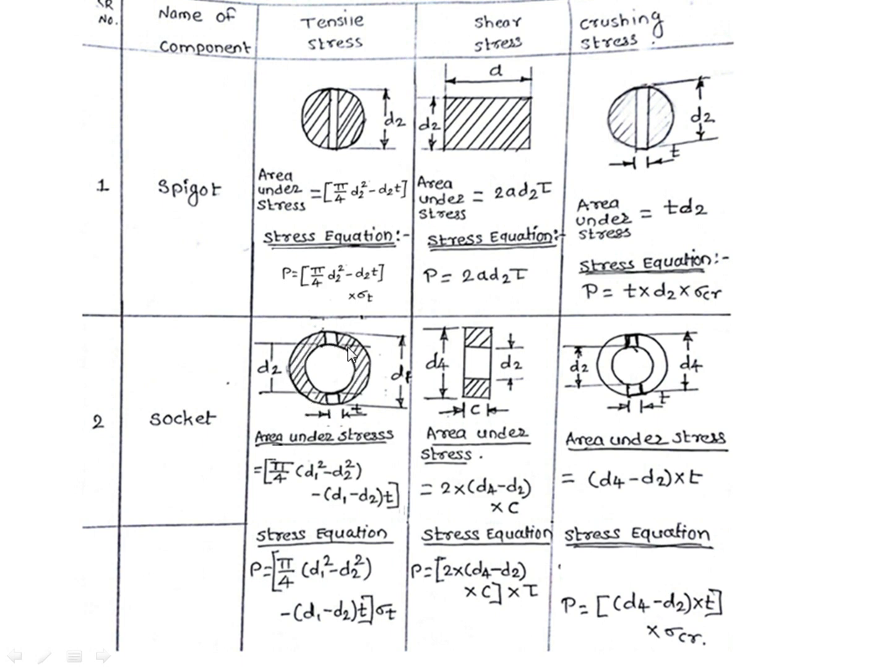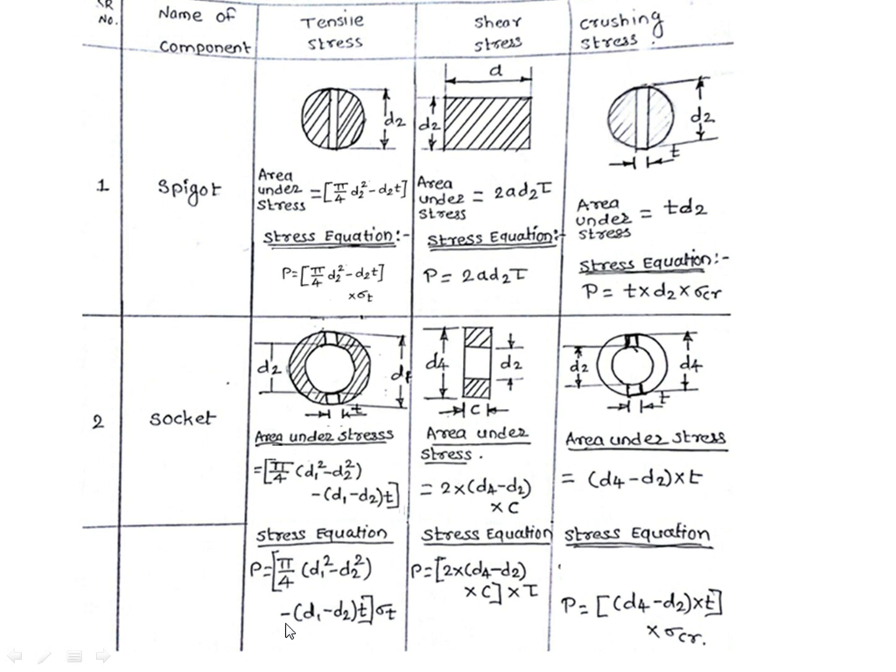Cross-sectional area of the ring will be pi by 4 d1 square minus d2 square, minus area of slot, which is d1 minus d2 into t. Therefore, area under stress will be pi by 4 d1 square minus d2 square minus d1 minus d2 into t.